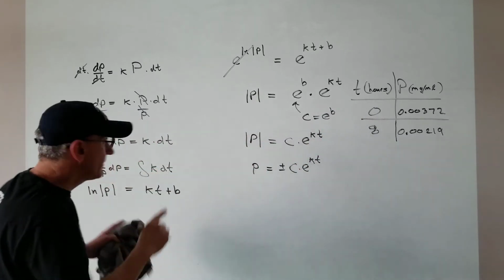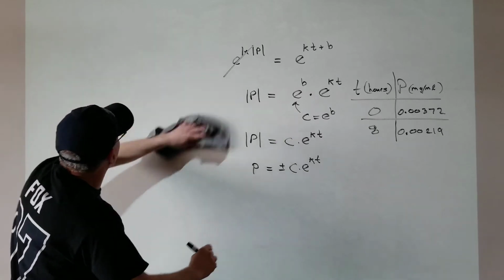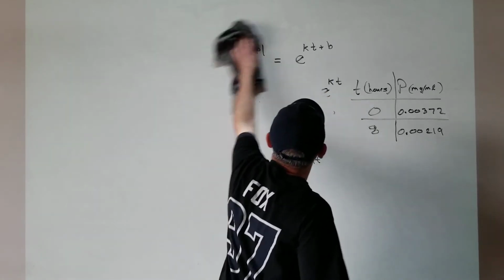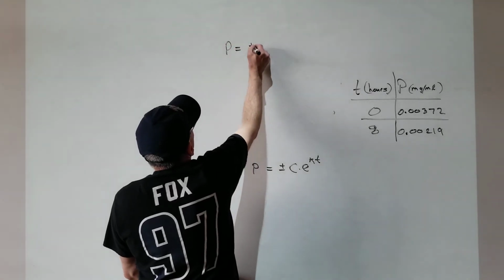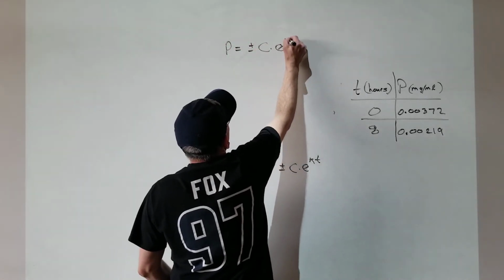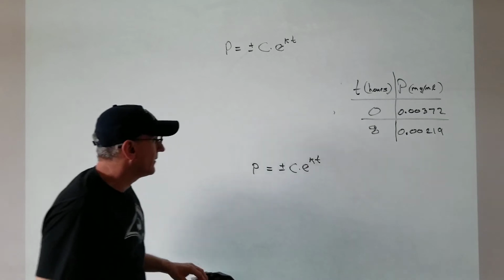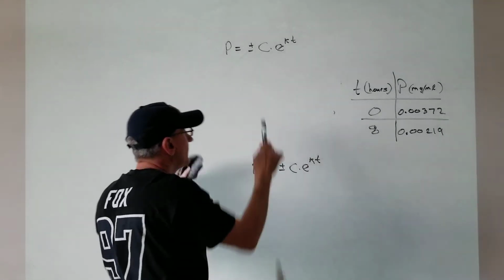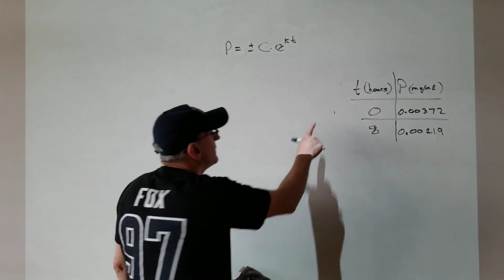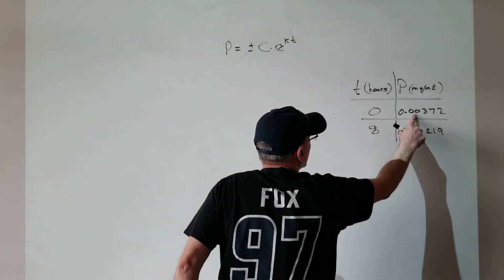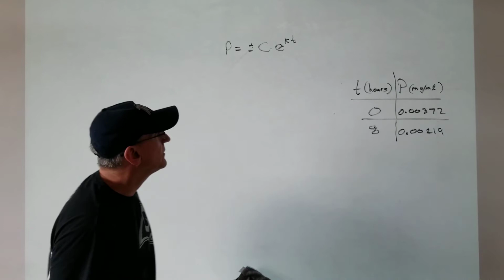Now I'm going to make all the rest of this work go away because I need some space. I'm going to write our general solution up here. And the first thing I'm going to do is work on figuring out what is C. What is C? You're going to use time equals 0 and concentration of 0.00372 and plug those in.